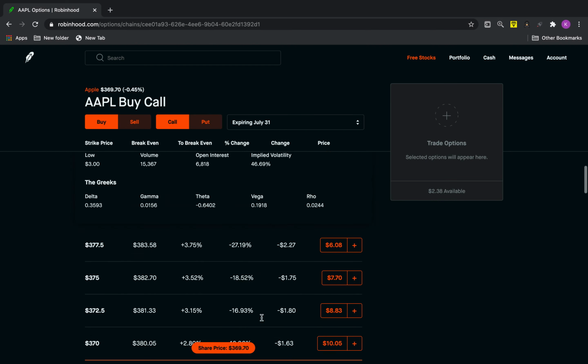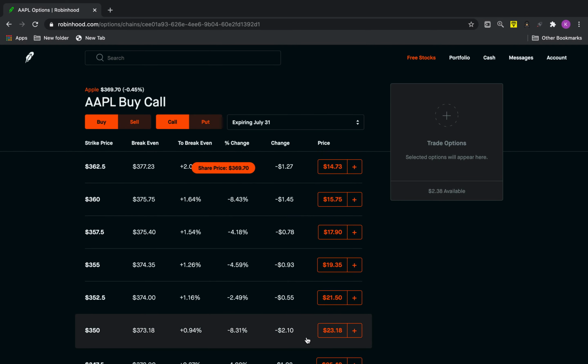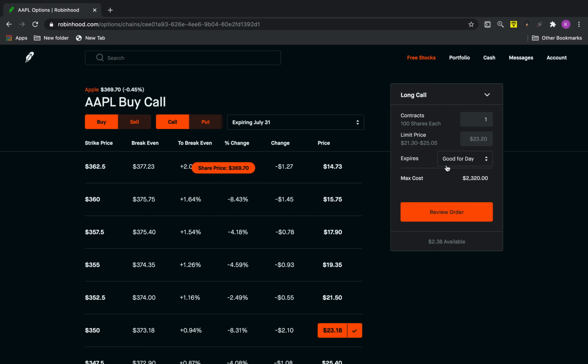But if I was to buy the $350 call, I would lose $3.48 per share. So 3.48 times 100, I would lose $348. So I would be able to sell this for $1,972.